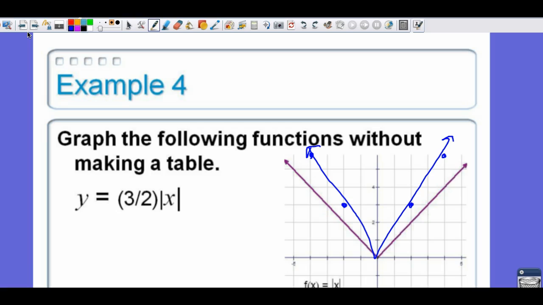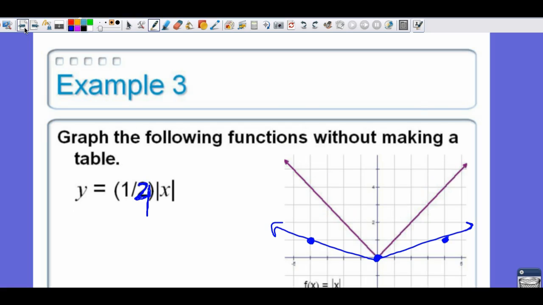Okay. Here, my equation is y equals 1/4 |x|. So that 1/4 is going to compress it, so it's going to be wider. The purple graph is the parent function, so you can see that it is wider than the parent.